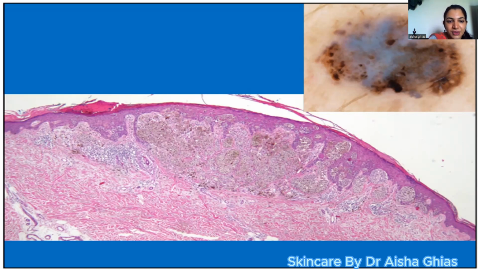There's a little bit of inflammatory reaction over here as well. Fibrosis is also going on. So this is a typical picture of melanoma. And you can clearly appreciate how these proliferations of atypical melanocytes are giving this appearance of peripheral dots.